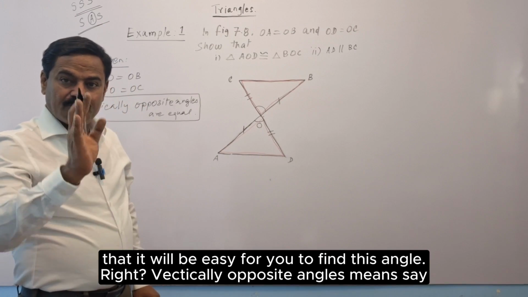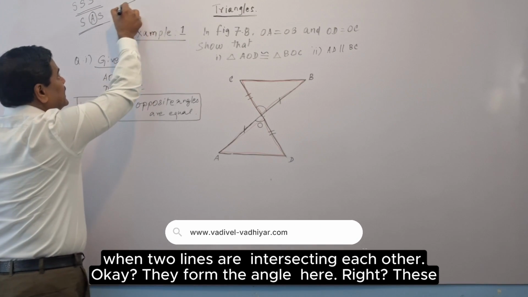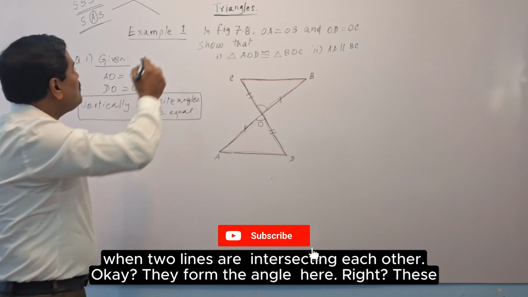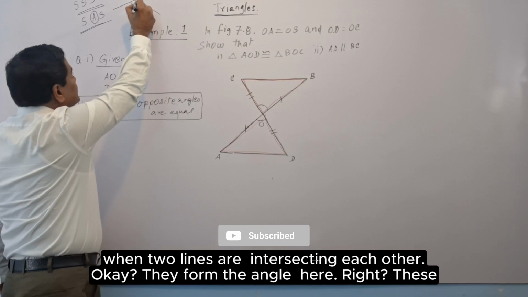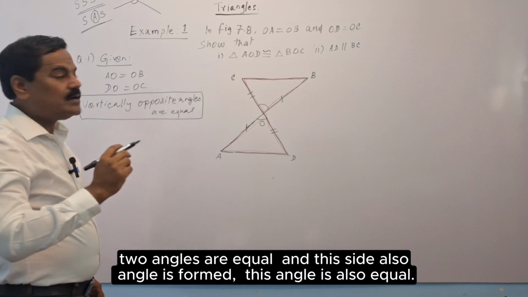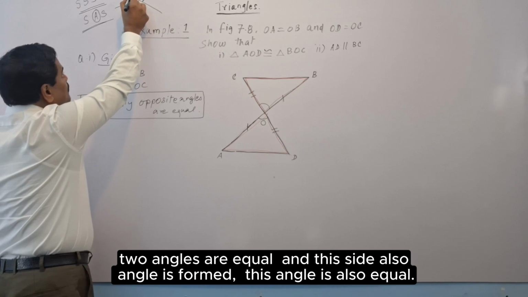When two lines intersect, they form an angle here, and these two angles are equal, and on this side also an angle is formed.